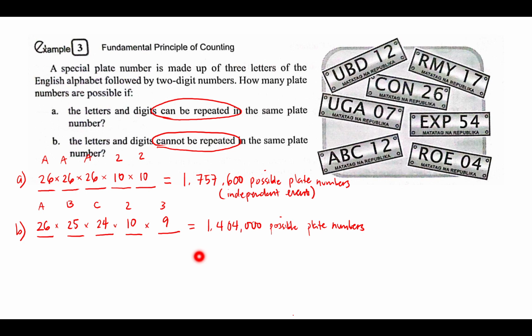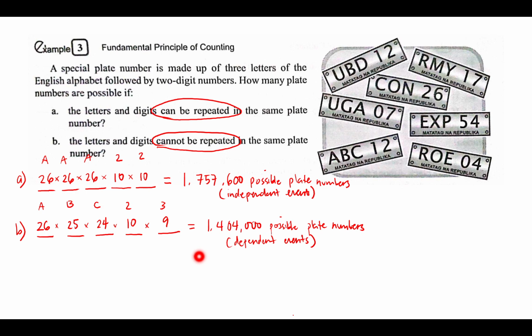But for letter B, this is what we call the dependent events. Why? Because the existence of the second is dependent on the existence of the first. So, let's say if we choose A for the first letter, the second letter will be dependent on the first letter, that is A, because we cannot repeat what was chosen on the first letter.